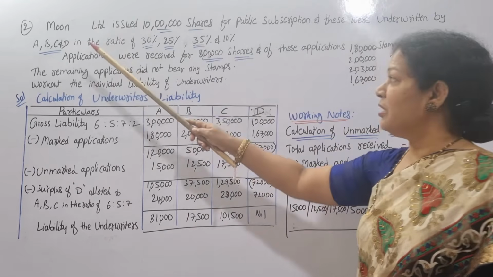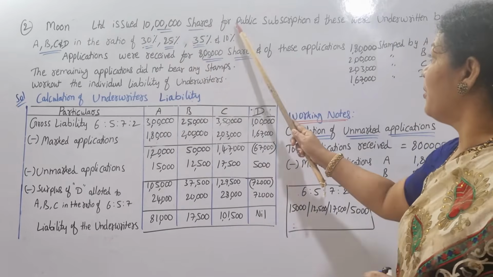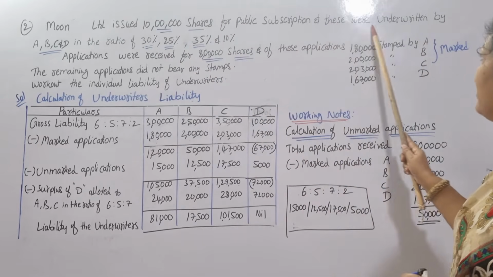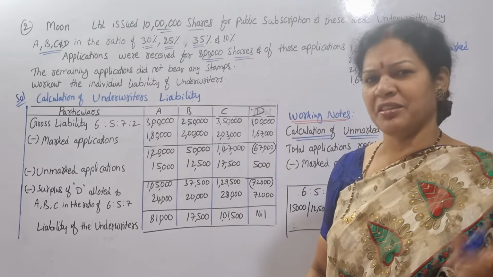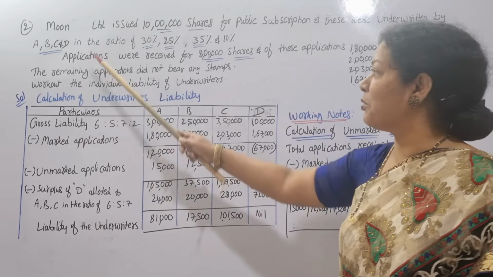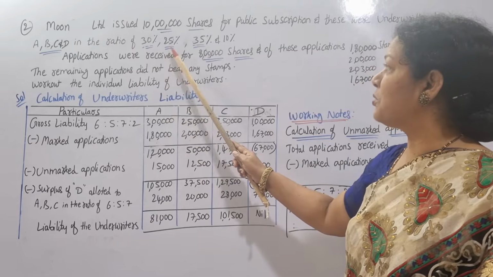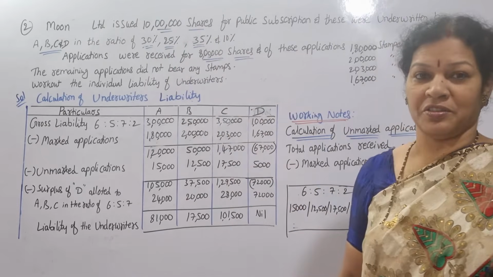So the problem is here. Moon Limited issued 10 lakh shares for public subscription, and these were underwritten by A, B, C and D. In the previous problem, there were 3, A, B, C. Now here D is also there, in the ratio of 30%, 25%, 35%, 10%.